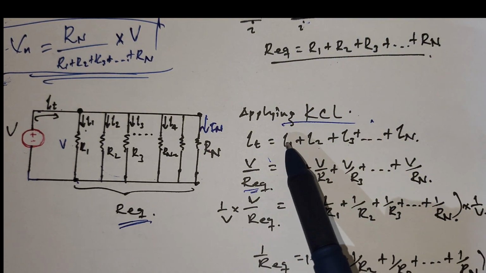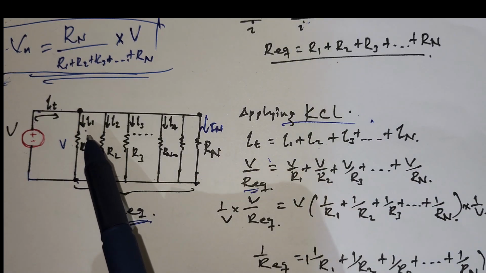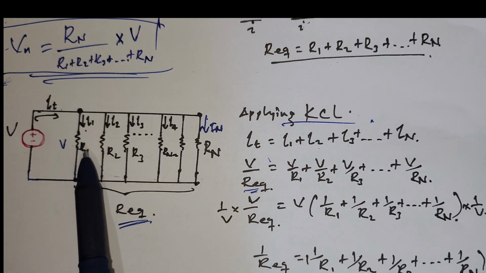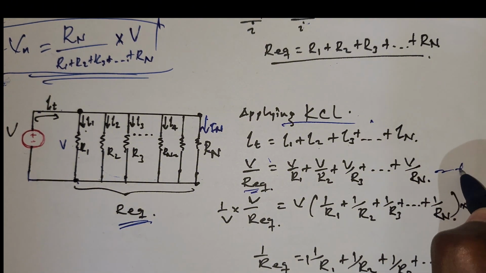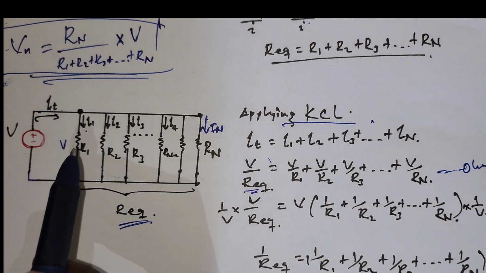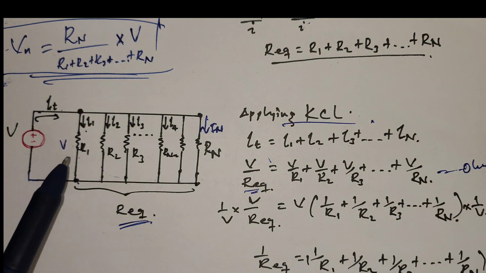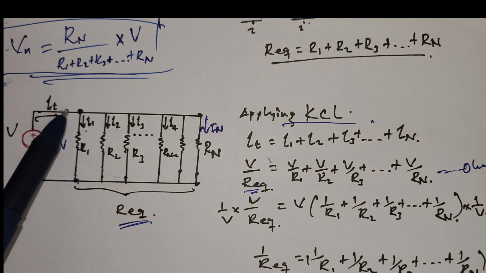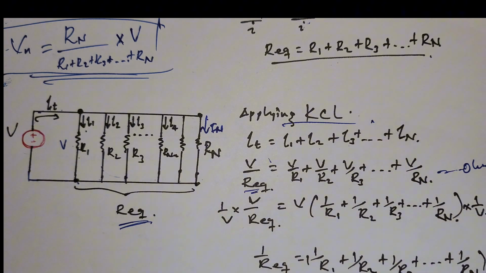So I1, the current in the first branch, is the voltage on this branch divided by R1. This is Ohm's law. From Ohm's law, we know that the current in a branch is the voltage across the branch divided by the resistance of the branch.